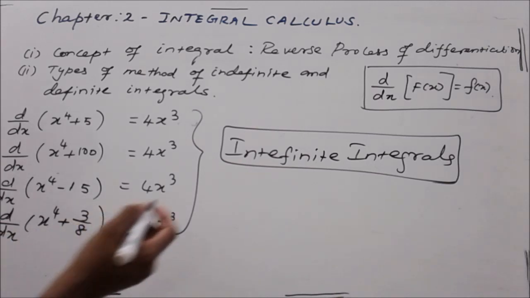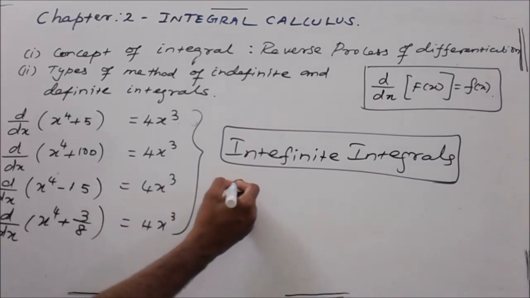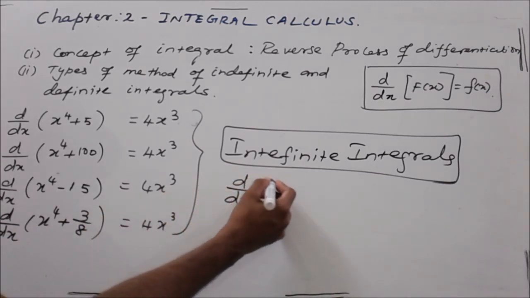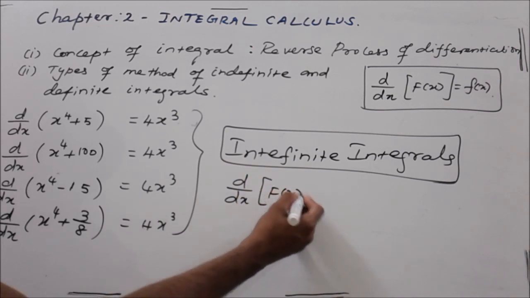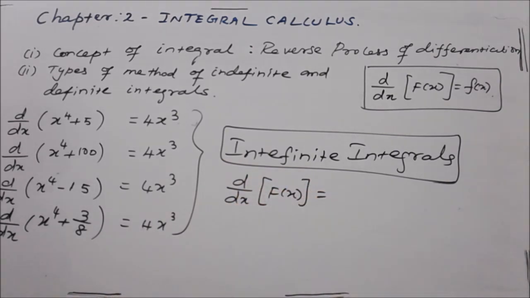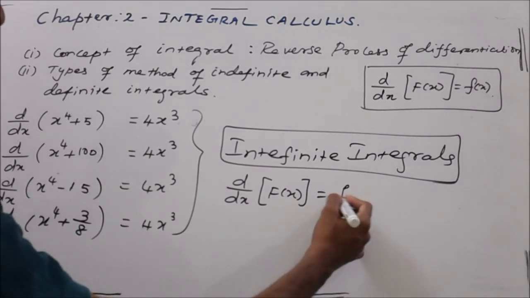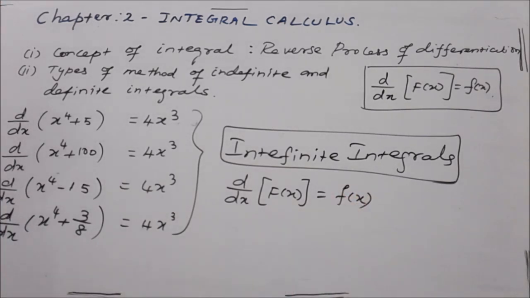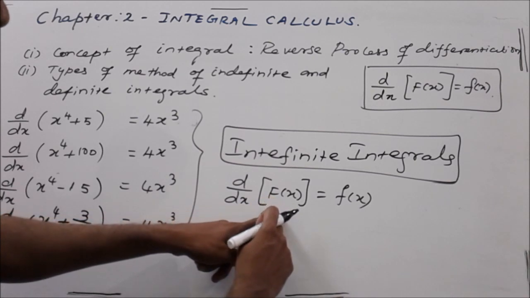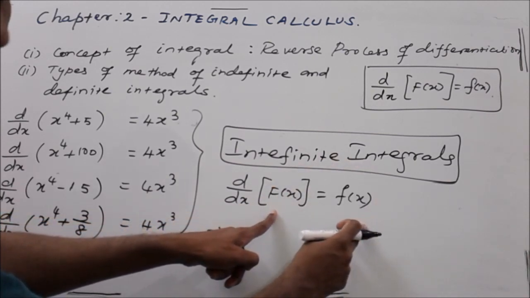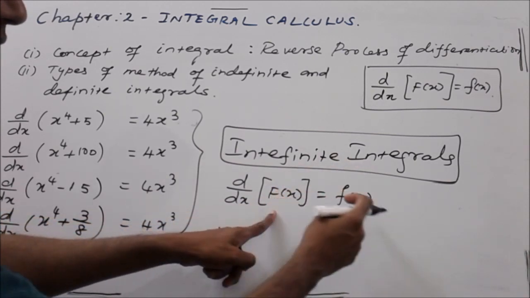So, in general, d by dx of the primitive function is equal to the derived function, small f of x. The derived function is taken as small f of x, and the primitive function is taken as capital F of x. When we differentiate capital F of x, we get small f of x. This is primitive, this is derived.